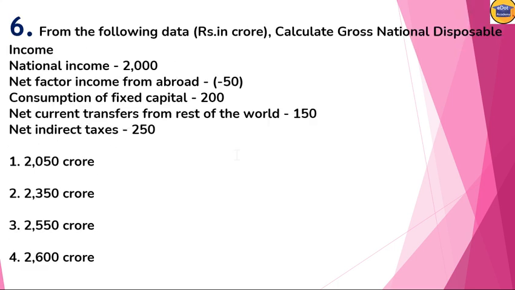Now the next, the sixth question, again a numerical type case study. From the following data, amount is in crore. Calculate gross national disposable income. The formula of gross national disposable income you must remember, because many times this question is asked.